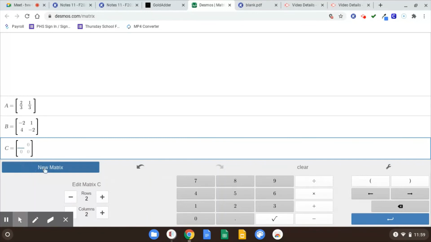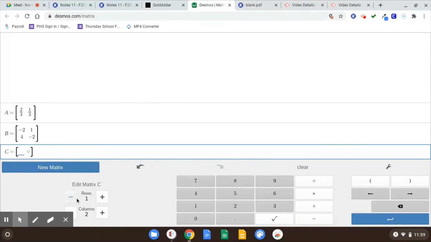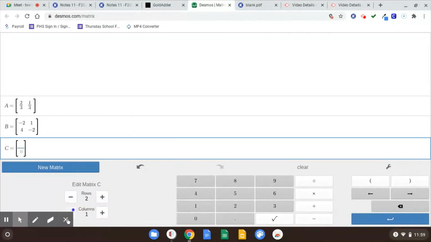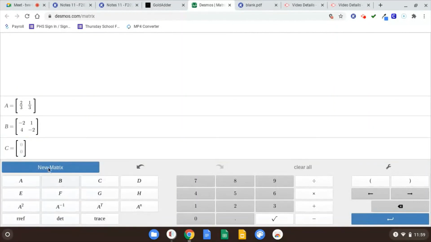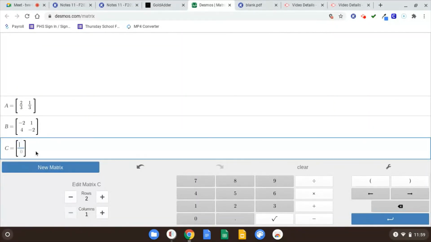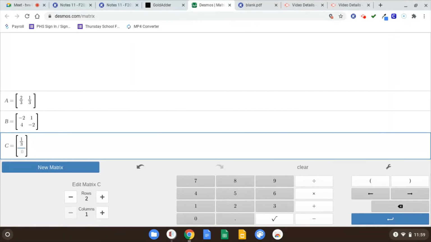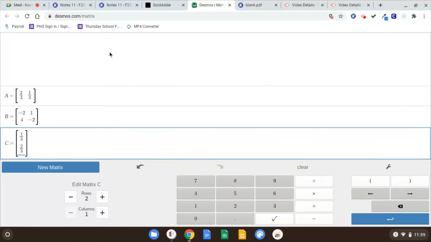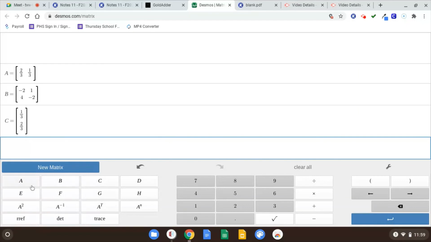And matrix C was a 2 by 1, and it was, what did I say, 1/3, 2/3? Okay, so let's multiply them. Make sure you do it in order. A times B times C.